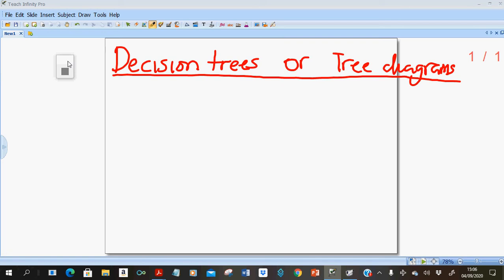So from the previous lectures, we're given a table.